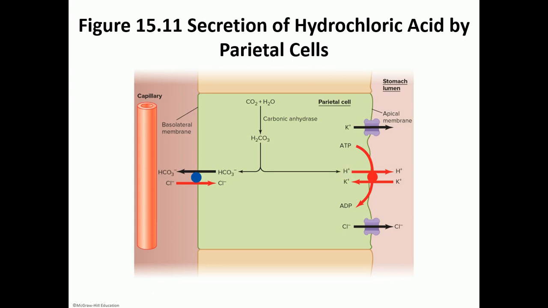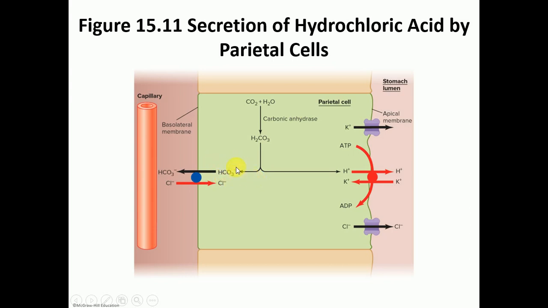Okay, so hydrogen, that's what we're looking for. Remember, we're making HCl. So hydrogen can be pumped out of the cell using what is known as a hydrogen potassium ATPase pump. So you see the process needs ATP. We'll break down ATP into ADP and use that energy to pump hydrogen out, and in return we have to bring potassium in. So how do we get the chloride?